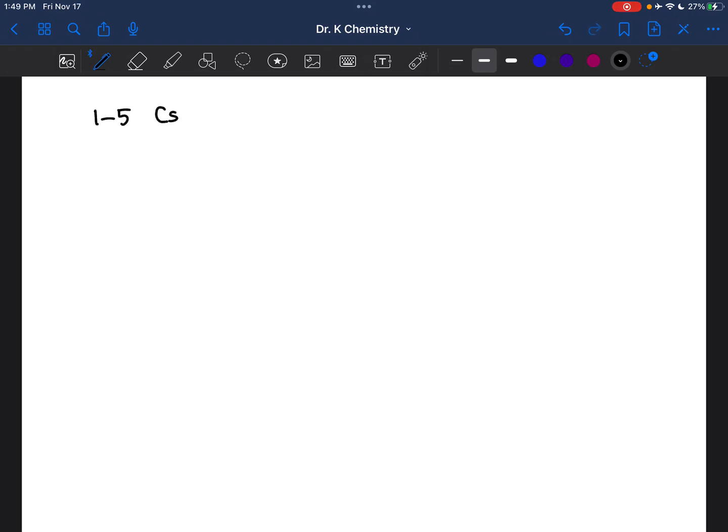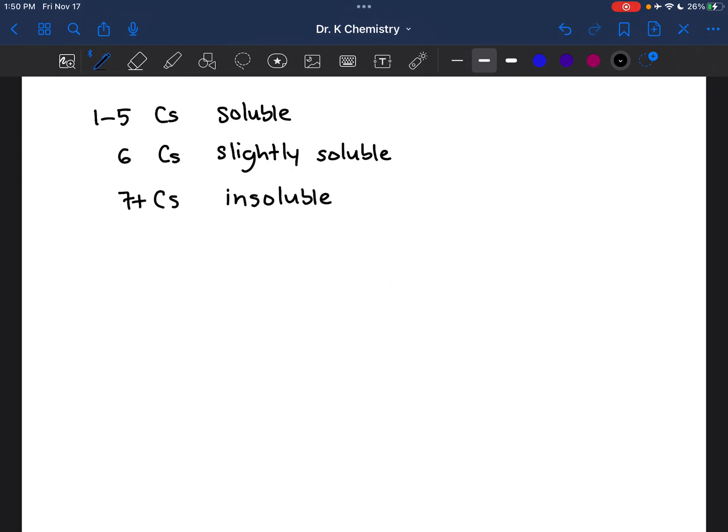So there are some guidelines we can use here. If there are, let's say, 1 to 5 carbons in a carboxylic acid, they will be soluble in water. If there are 6 carbons, they will be slightly soluble. And if there are 7 or more carbons, then they will be insoluble, because that R group gets so long that the dispersion interactions override the hydrogen bonding interactions.